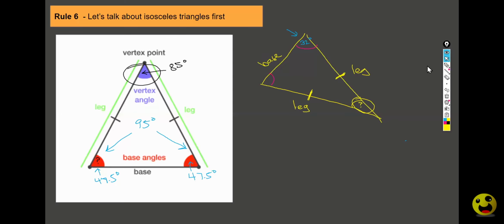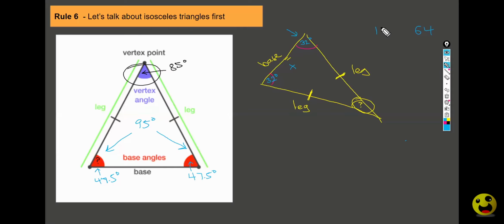So that means if this base angle is 32, then without any calculation, the other base angle is also 32, equal. So if you add those two, 32 plus 32 is 64.